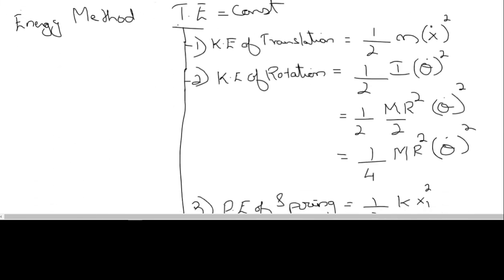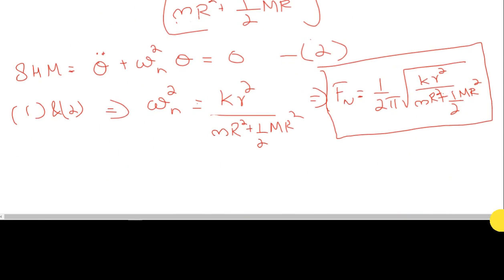If you substitute that in this equation, taking the units, you will get frequency equal to 1.438 hertz. That will be your answer. Substitute k, r, m, r into this equation and you will get the frequency as 1.438 hertz. So that concludes the answer.